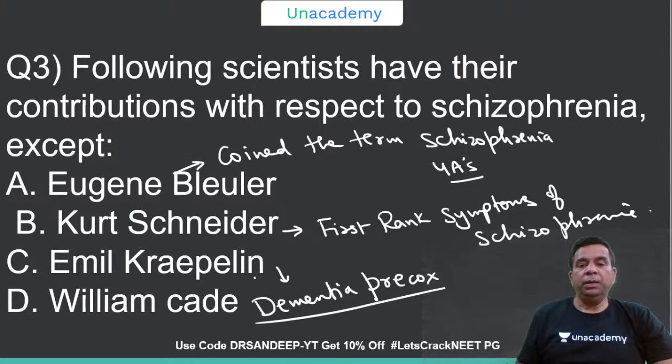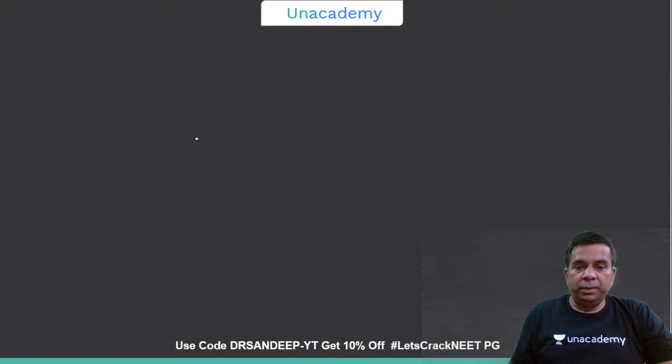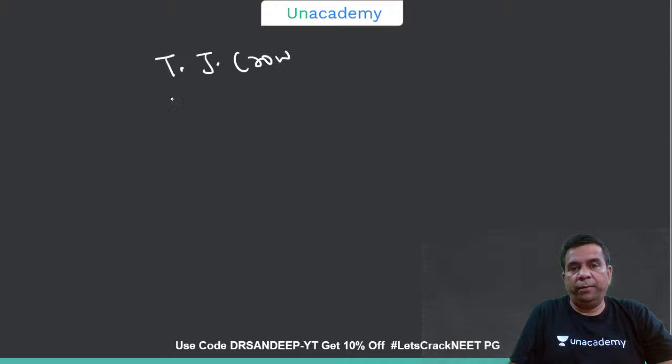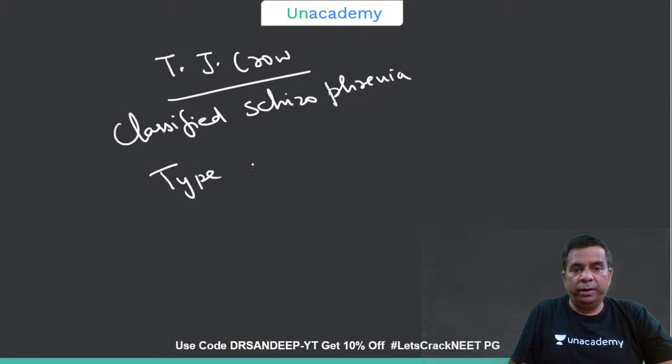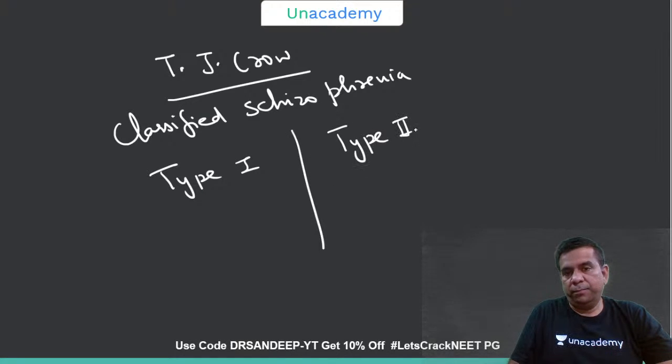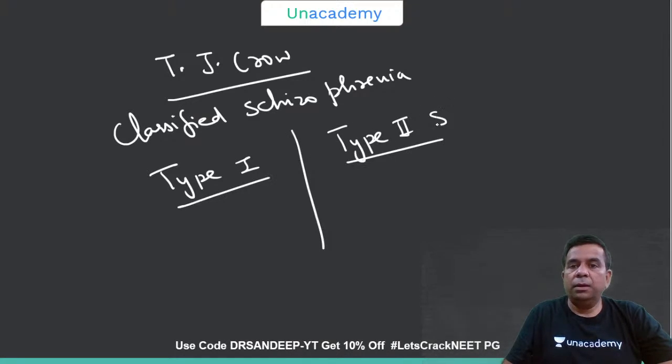Now we also have the professor called T.J. Crow, who classified schizophrenia into type 1 and type 2 schizophrenia.